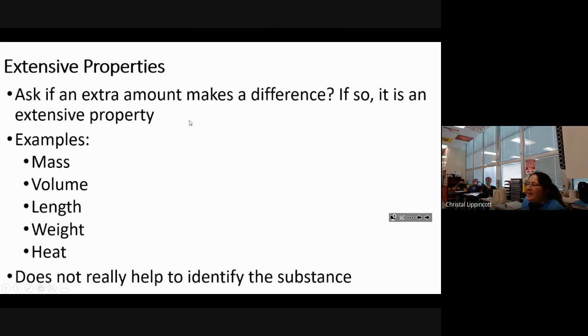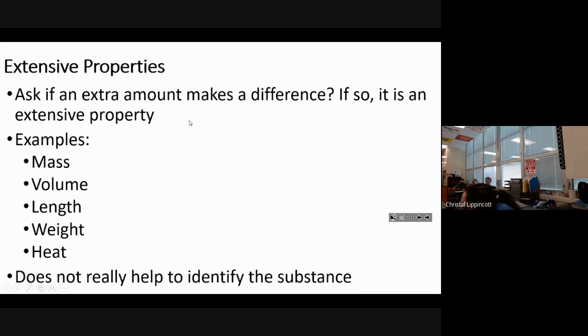Now, these things as a whole do not do well with identifying what the substance is. Think of an object. I don't care what it is. Think of its mass, its volume, its length. Everybody's object in here had that, and everybody's object was probably different. It's not a good way to identify a substance.